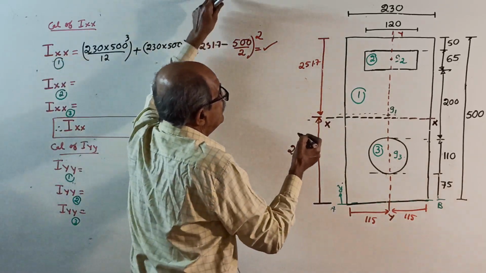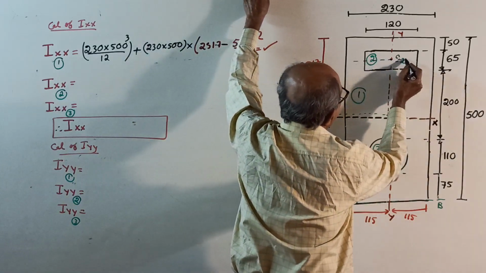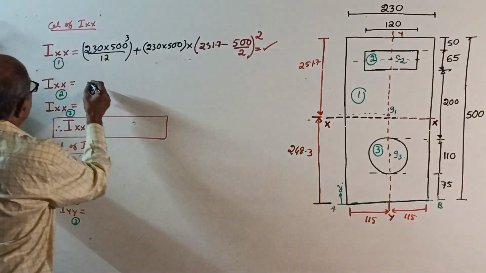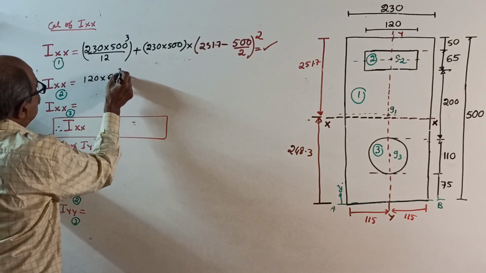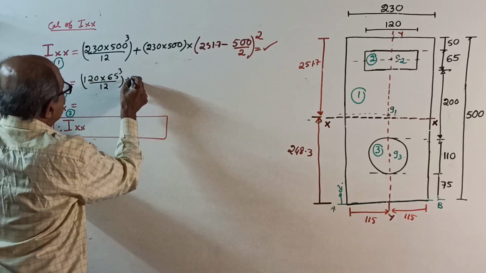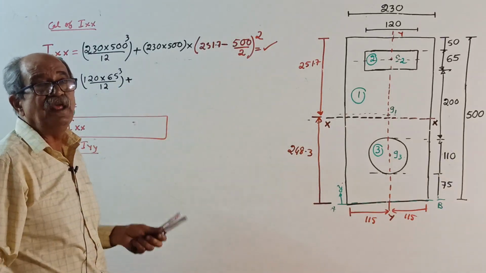Ixx power 2. First, I about its own centroidal axis, parallel to xx: 120 into 65 cube divided by 12 is Ig, plus area. Someone told earlier, sir, not plus, but minus. Why? Removed area.